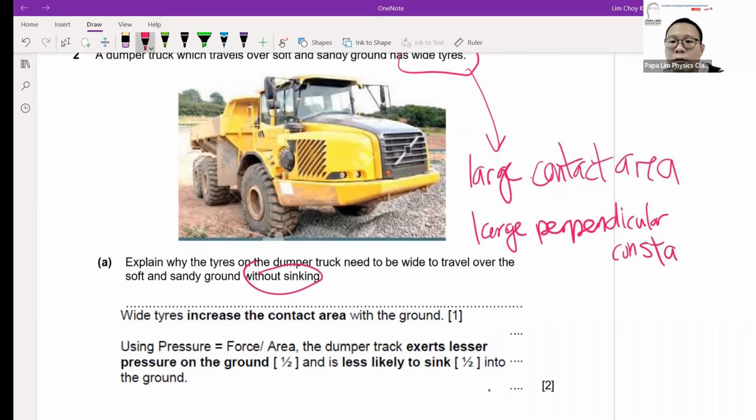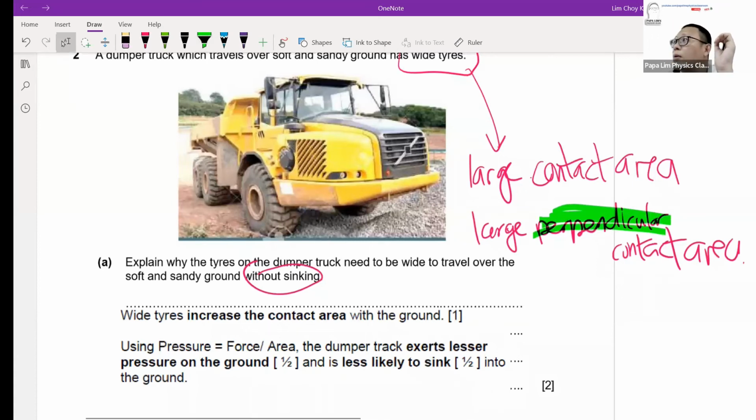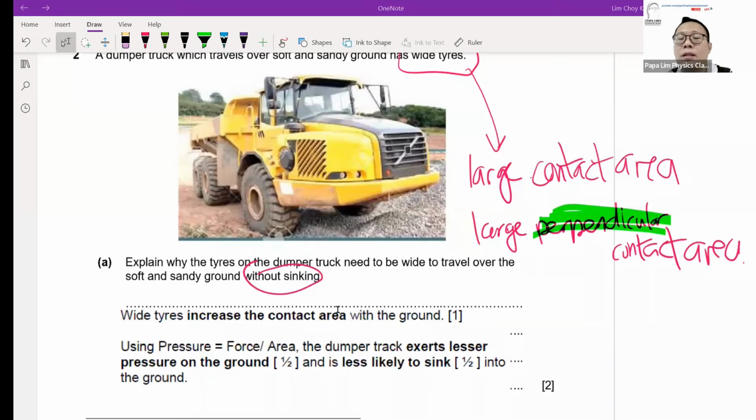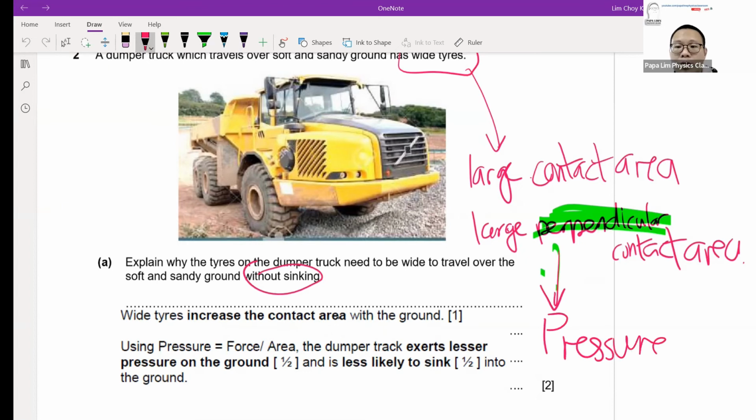So when we talk about contact area, the keyword here we are looking at is perpendicular contact area. When you say contact area here, what does it imply? We are referring to the concept known as pressure. Why pressure? Because pressure talks about the force being distributed over my contact area.